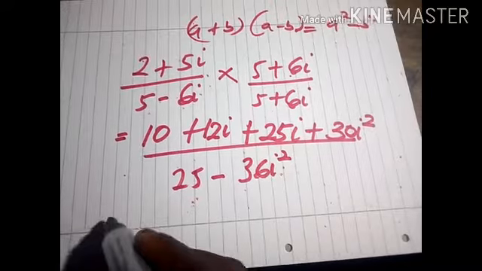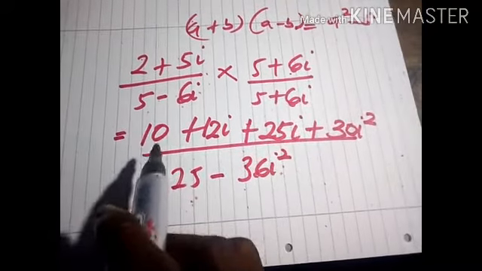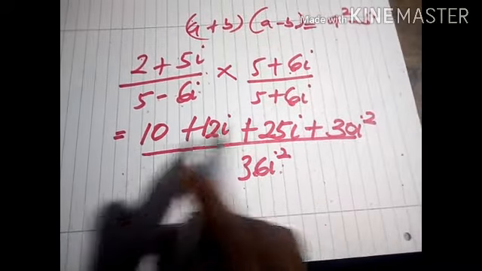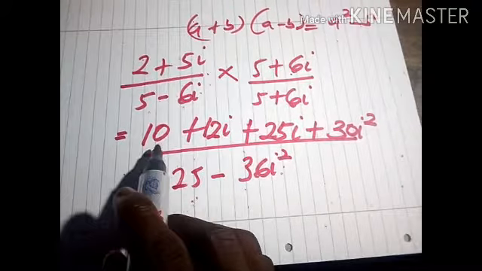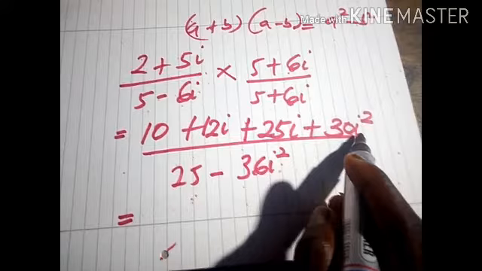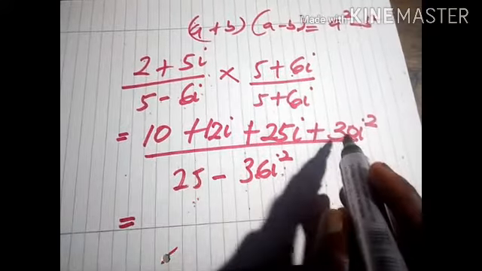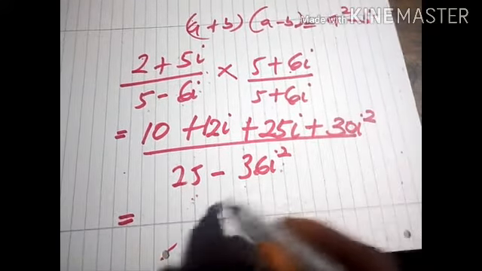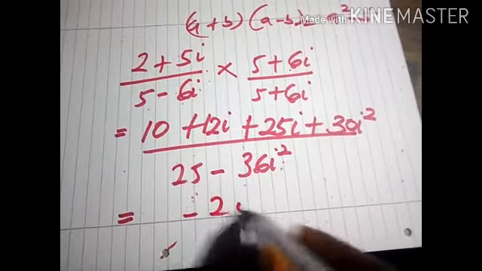So let's simplify further. So work out like terms here. So 10 minus 30, because i squared is negative 1. So 10 minus 30 will give you negative 20. So negative 20.